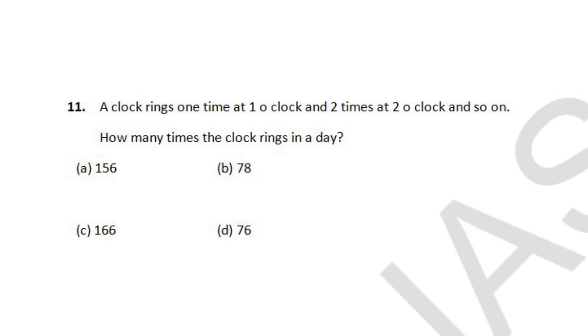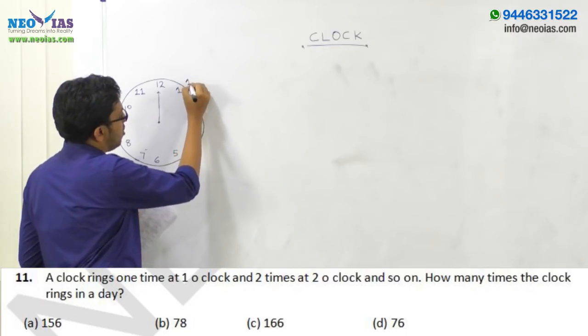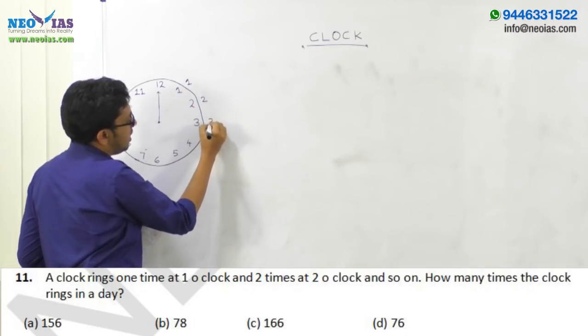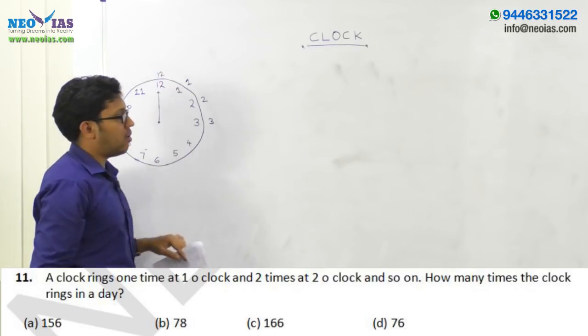Next question is, a clock rings one time at 1 o'clock and 2 times at 2 o'clock and so on. How many times does the clock ring in a day? That is, the clock rings once at 1 o'clock, 2 times at 2 o'clock, 3 times at 3 o'clock and so on, like 12 times at 12 o'clock.